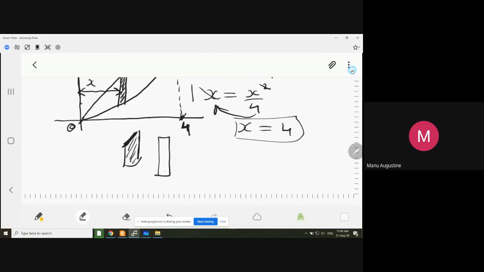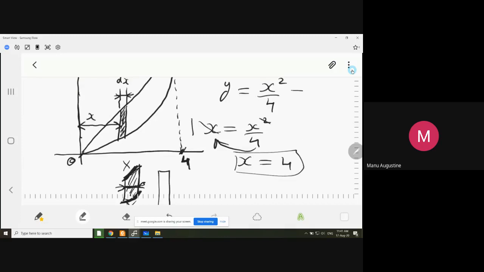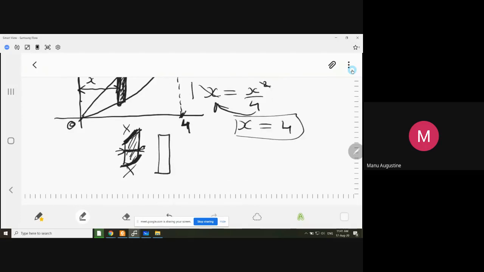Why? Because this thickness is so small that eventually it will not matter whether this edge is slanted and this edge is a part of a parabola. It will not matter at all because this thickness is extremely small. So in all practical purposes, no matter how the figure looks like, you always take this infinitesimal area as the area of a rectangle. This is one thing that you have to remember.